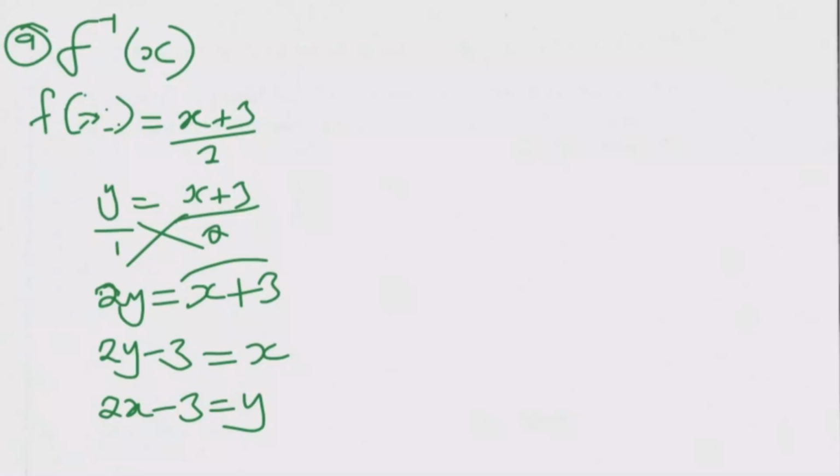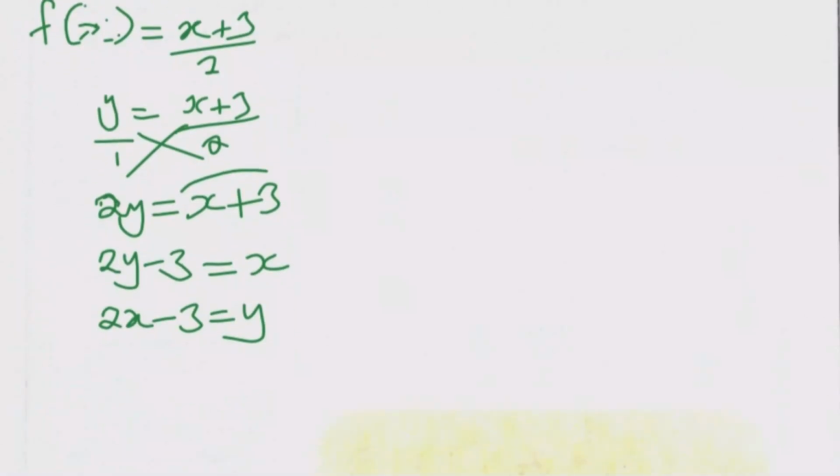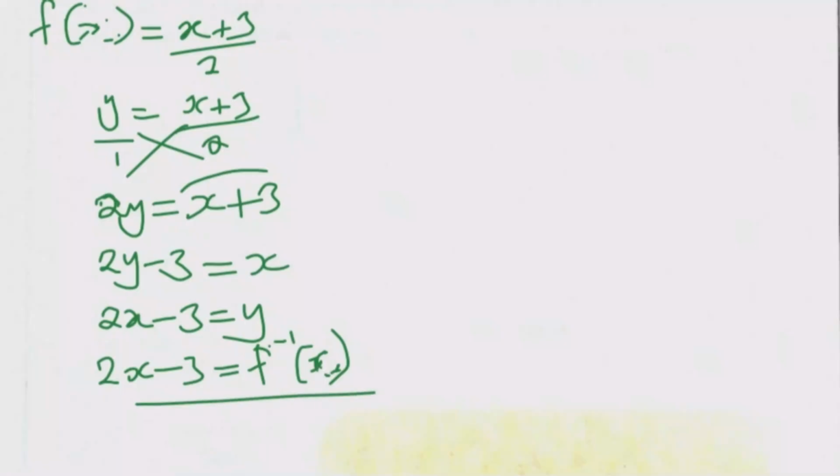So I can say 2x minus 3 is equal to the inverse of f of x. Now this is the answer.